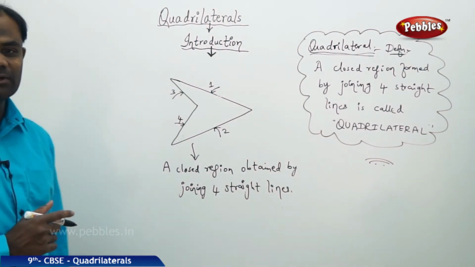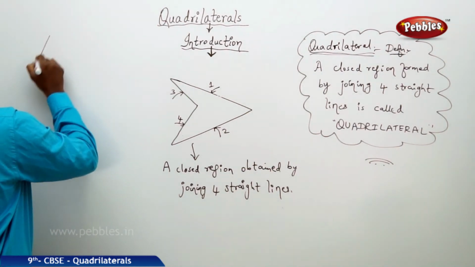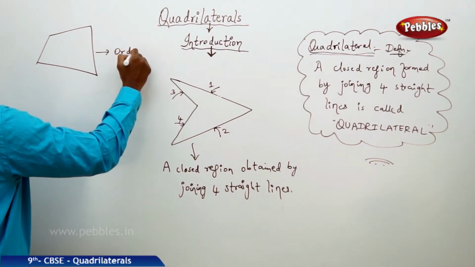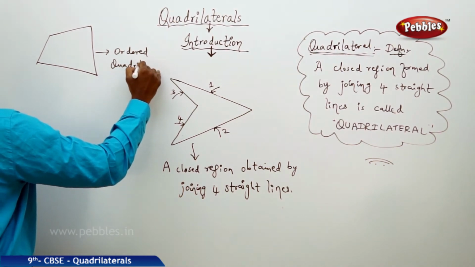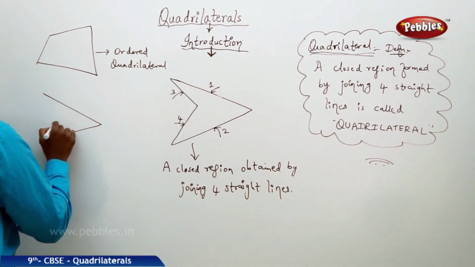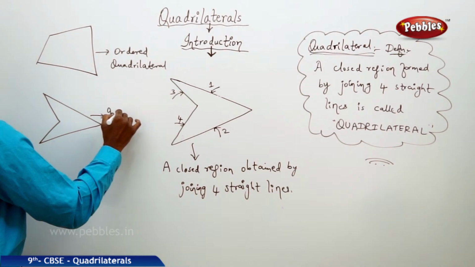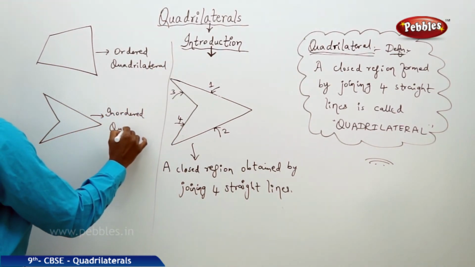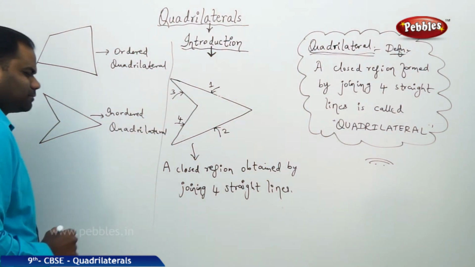This is a quadrilateral. We have quadrilaterals of two types. A quadrilateral of this form is called an ordered quadrilateral, and a quadrilateral of this form is called an unordered quadrilateral.